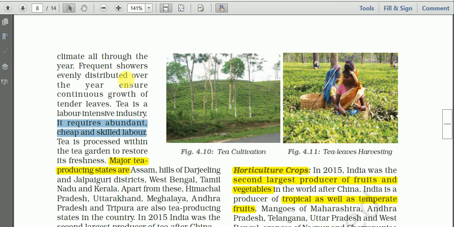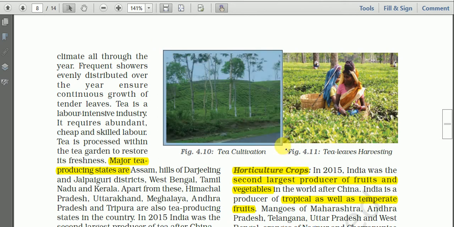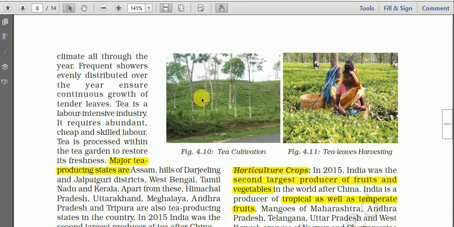About the geographical requirements for growing tea, in this photograph it is a rolling ground, and such a hilly tract is favorable for growing tea.